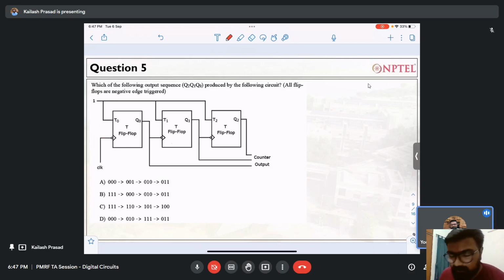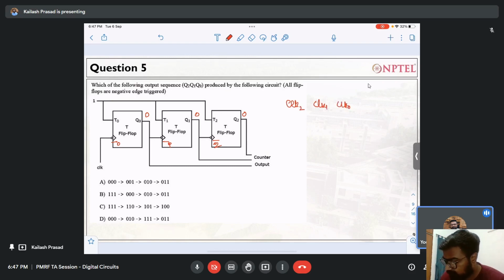Yeah, I will start again. So let me assume that the initial state is 000. All of these nodes will switch only if there is a negative edge. So let me write like this. This is 0, this is 1, 2. So I will write clock 2, clock 1, clock 0.